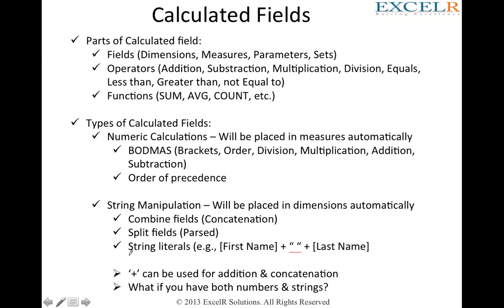Hence, we need to use something called string literals. Literals are these kinds of spaces, or you might want first name plus last name plus maybe a dot, and then middle name or surname.